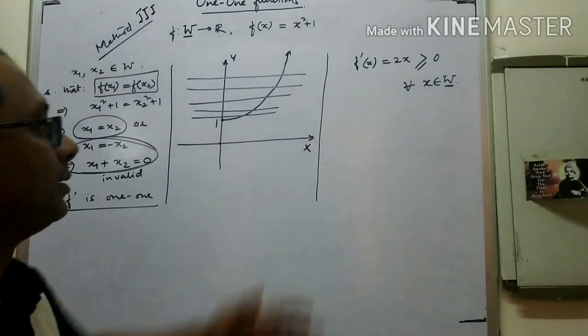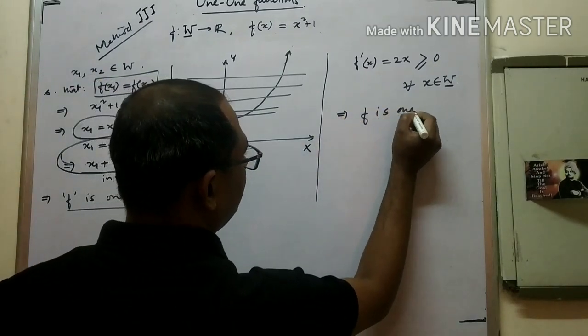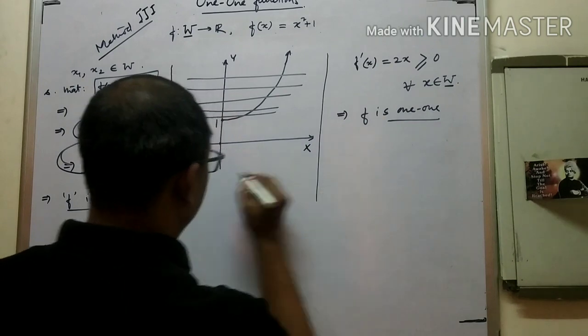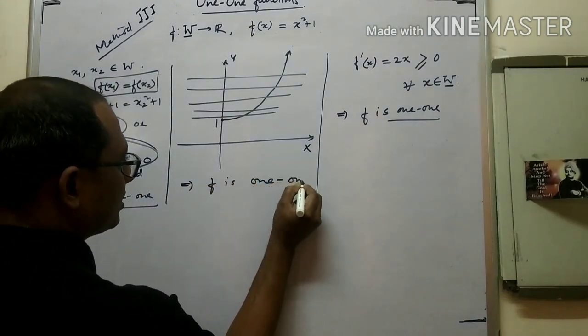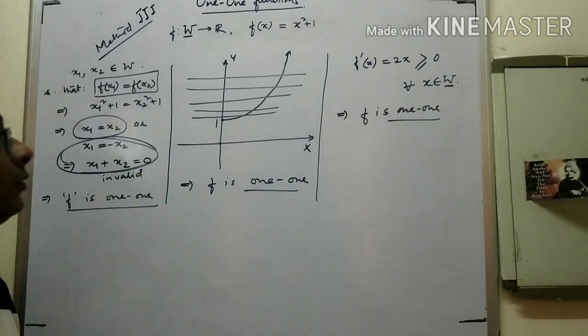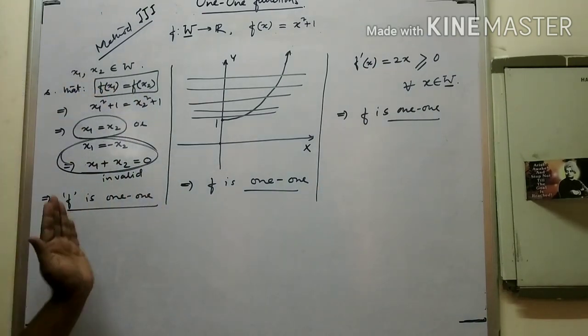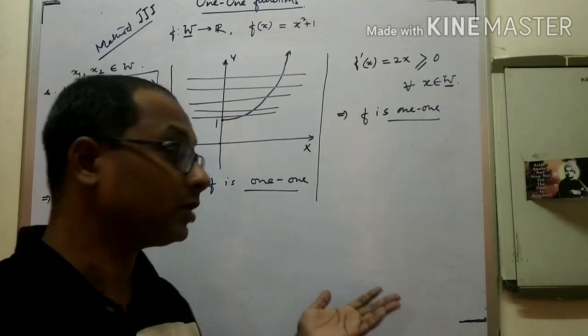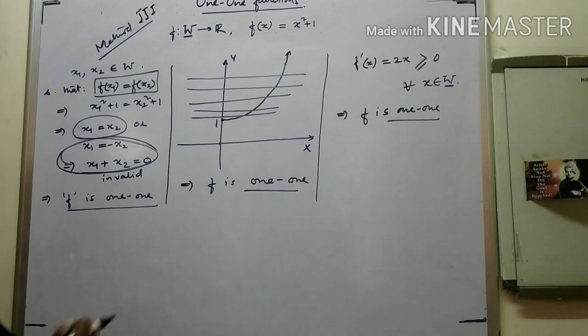So clearly this shows us that f is 1, 1. Here also this implies f is 1, 1. Okay, so these are the three methods we need to know to start with, at least, to check whether a function is 1, 1 or not. Okay, so let us go for the next question.